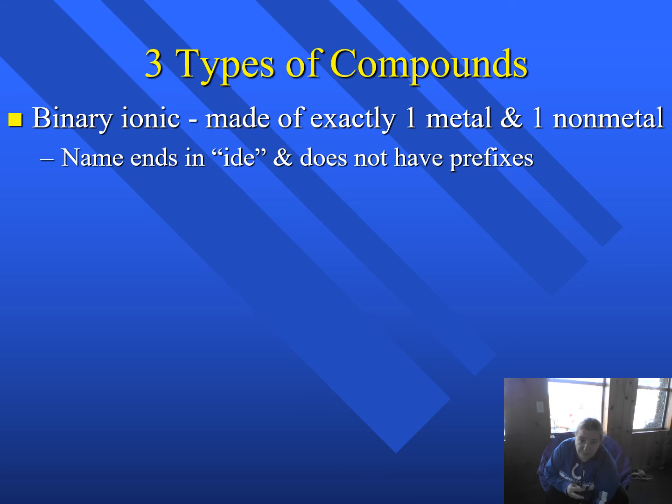Okay, so if it's binary ionic and you're looking at the name of it, it will end in "ide", and nothing will have a prefix on it. So no mono, di, tri, tetra, etc. So it ends in "ide", but there's no prefixes on either word.